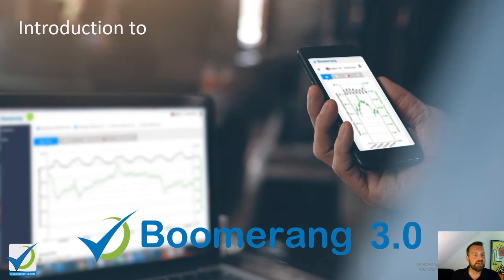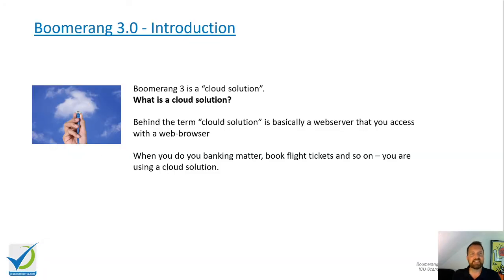So, what stands out as the biggest difference compared to the previous version is that the Boomerang 3 is a cloud solution. You have probably heard cloud before, but what is it really? So this means that all access and settings in the system is made with the web browser, and all storage is handled in the website.